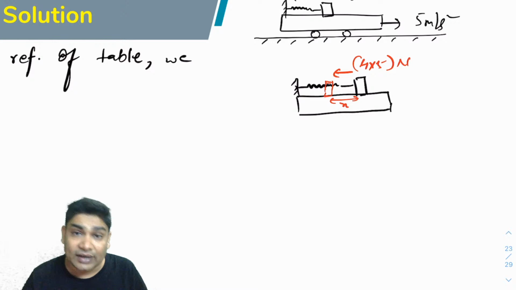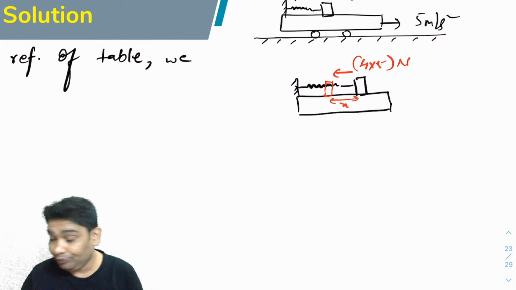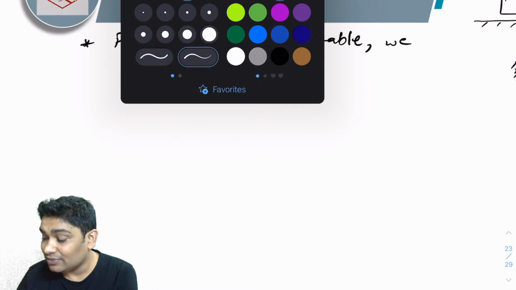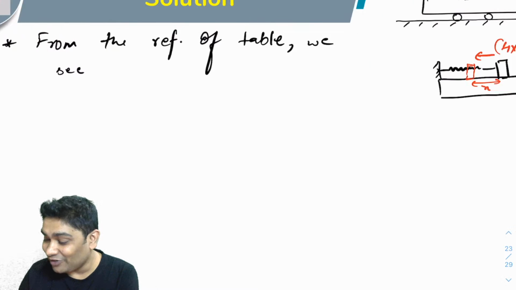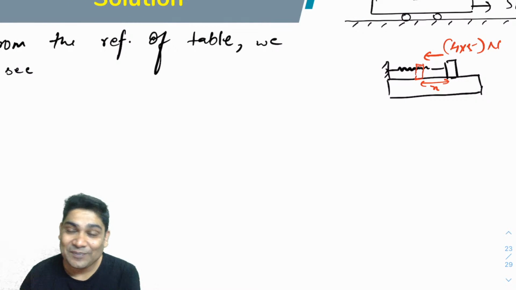Wherever it comes to rest, that is the situation with the maximum compression. Okay, so let's try and solve this. Maybe I should have given you guys an easier problem, then you would probably have even tried this.